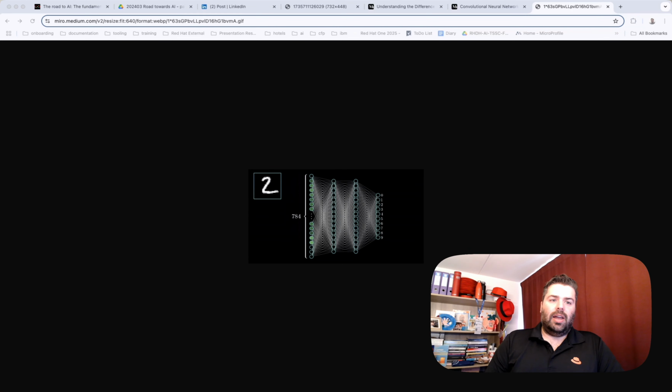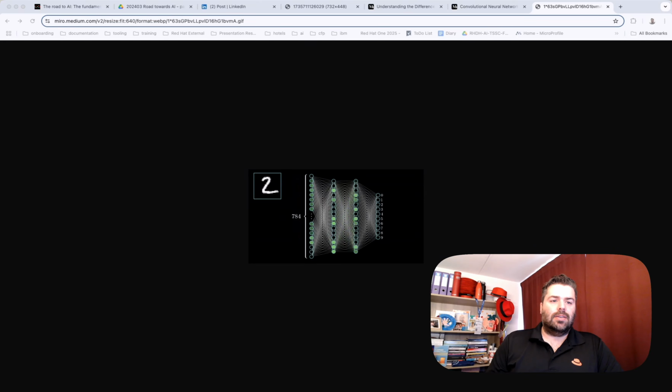When you see a glowing line or connection in animations like this, it indicates the strength of the signal, which is then very bright. That weight, if it's very bright, is having a strong influence on the decision. If it's dim, the influence is weaker. By training on thousands, millions, billions of images, the network fine-tunes these weights and biases so it can accurately recognize digits it has never seen before.